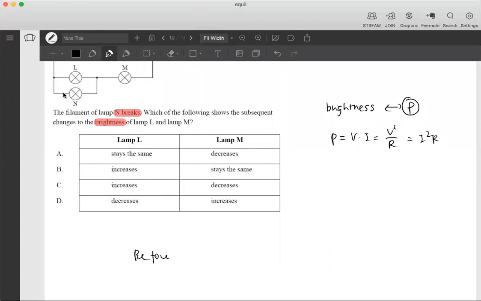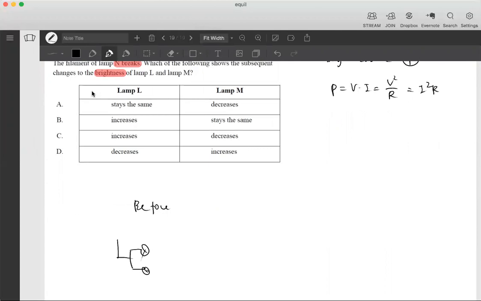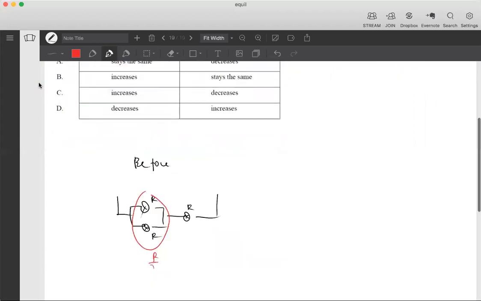it's just a normal three lamp circuit. If this is resistance R, this is resistance R, and this is resistance R, then you can see this parallel resistance in total is R over 2, and this one is R. So their resistance is in a 1:2 ratio, in a series arrangement, and we know in series the current is the same everywhere.